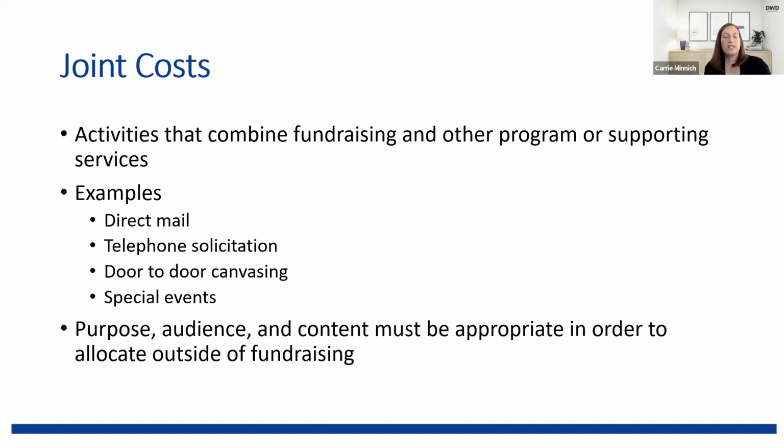In order to allocate some of that to programming, there are certain things that must be met. So the default is that these expenses are going to be fundraising, but if you can meet the purpose, audience, and content criteria, you may be able to allocate some of these expenses to programming.